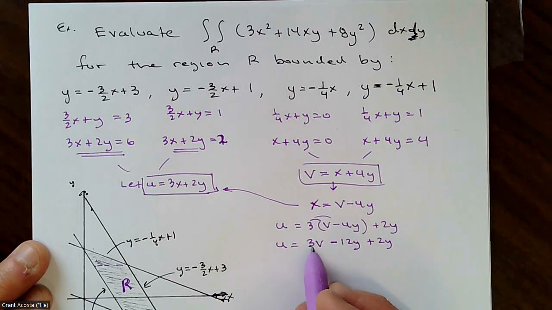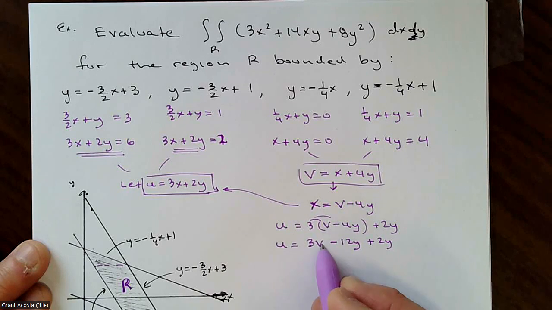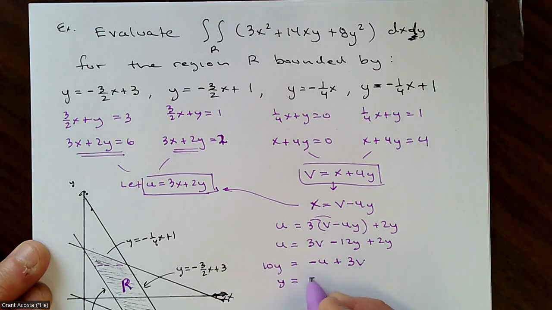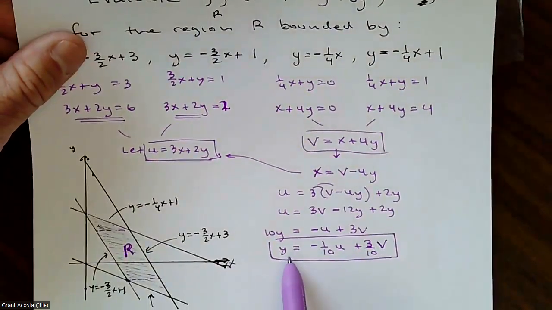I want to solve for y, so this is going to be negative 10y. So let's move that over here, subtract the u over. So I'm going to have 10y over here equals negative u plus 3v. So if I divide by 10, I have negative 1/10 u plus 3/10 v. I just wanted the u first.